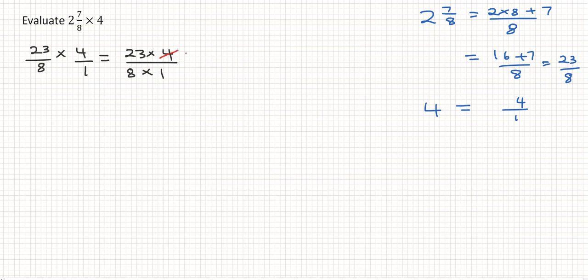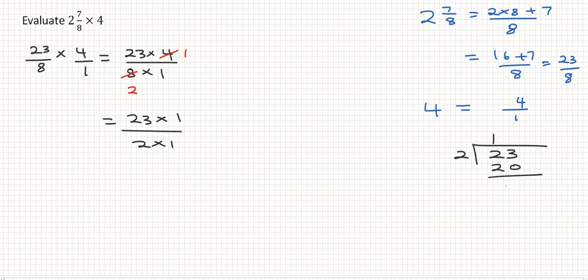4 divided by 4, we have 1. 8 divided by 4, we have 2. So this is now going to give us 23 multiplied by 1 over 2 multiplied by 1. So now let's go ahead and compute this. 2 divided by 2, we have 1. 1 multiplied by 2, we have 2. Let's put a 0 here.